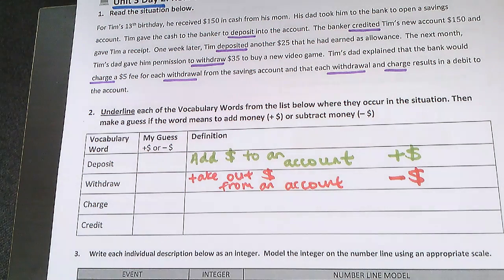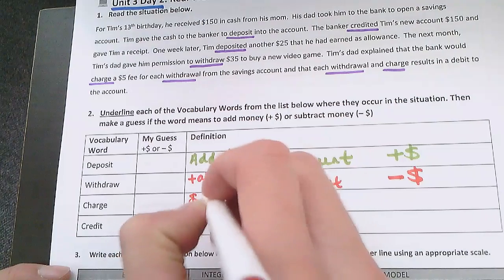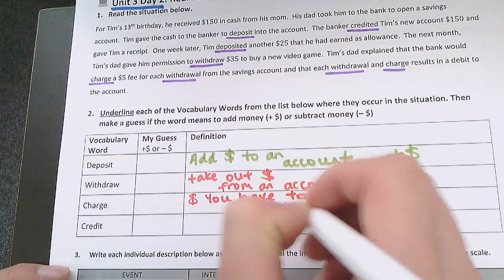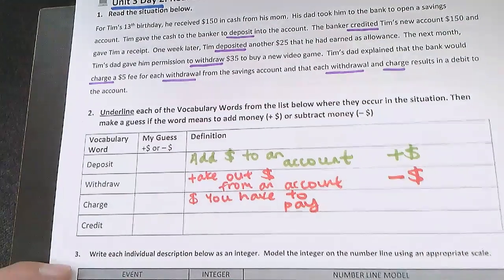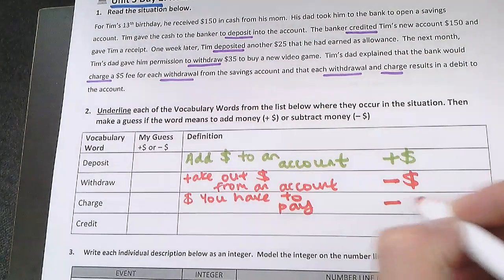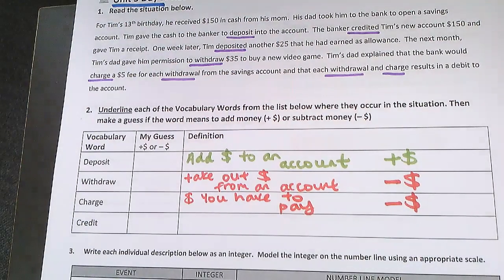If you're getting charged for something, that is money you have to pay. That's what it means if you're charged something. You might be charged $10. That means you have to pay $10. So you lose $10. It's negative whenever you see charge.